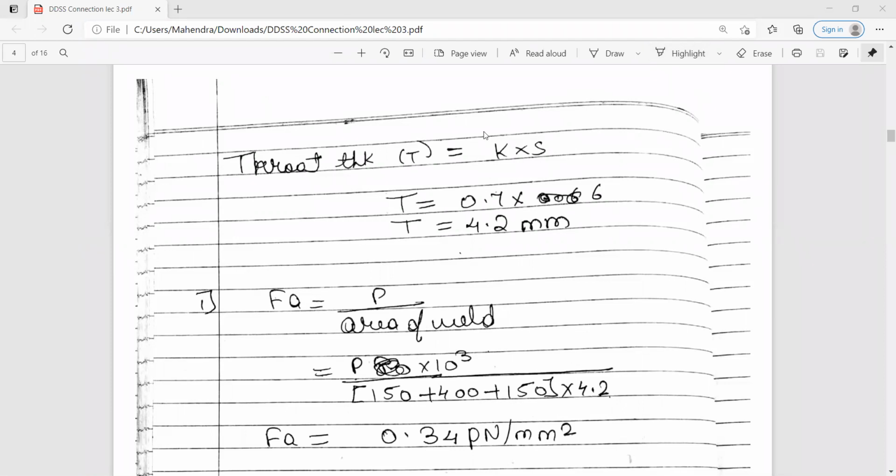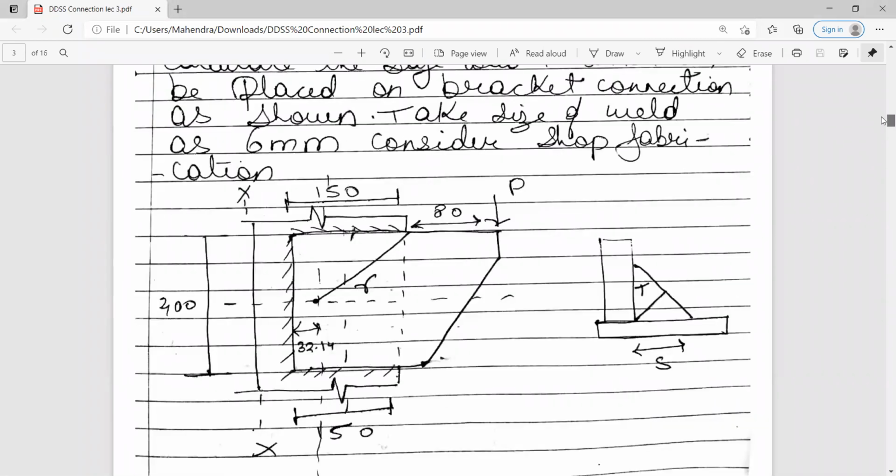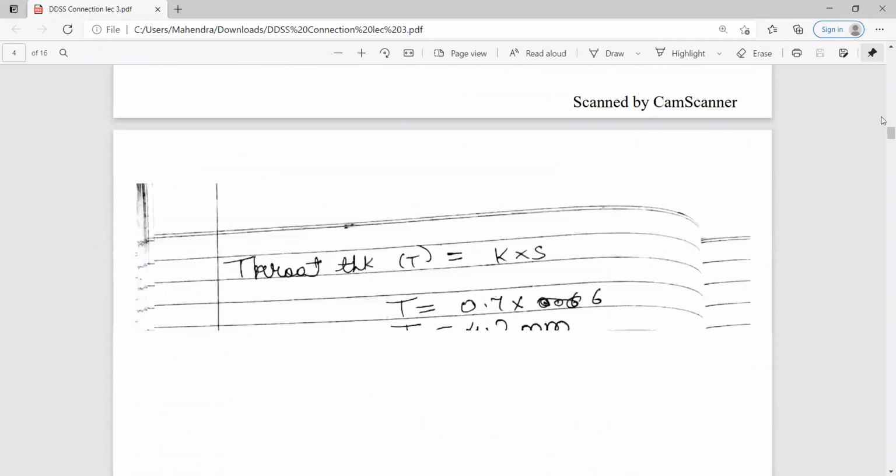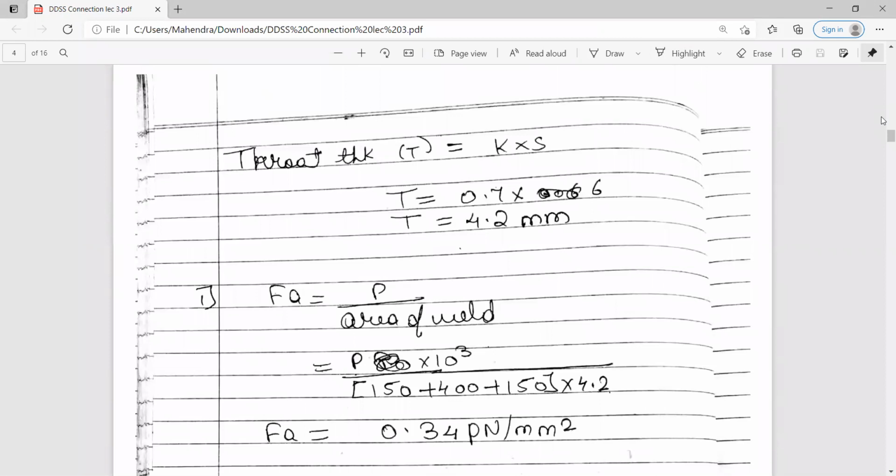As you can see over here in the question, they have not mentioned whether P is in kilonewton or in Newton, but we are considering it in Newton. We are calculating in Newton. That's why we are going to multiply it by 10 raised to power 3. And P is not given to you. It is unknown. They have asked you to calculate P, therefore we have kept P as P.